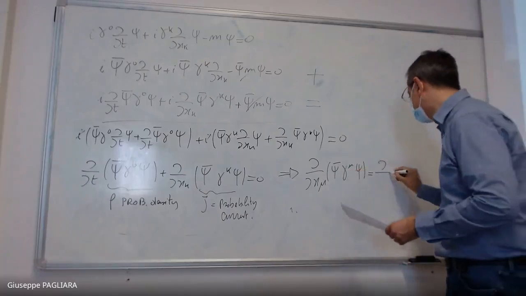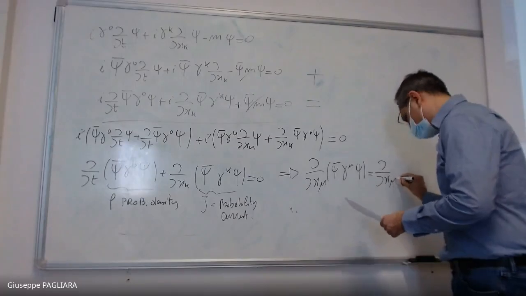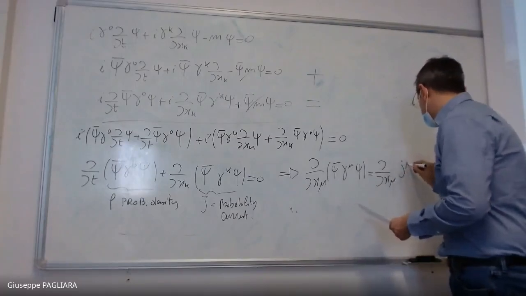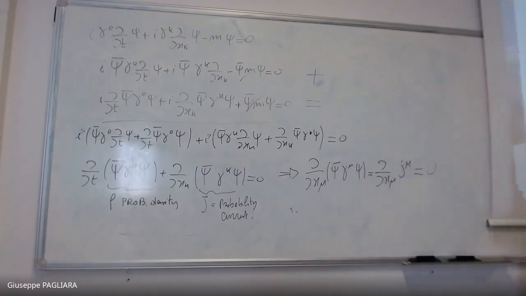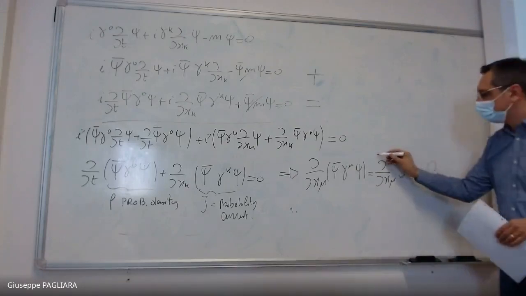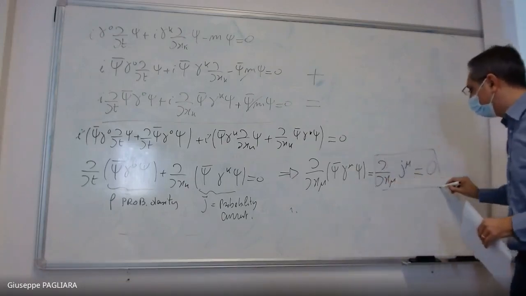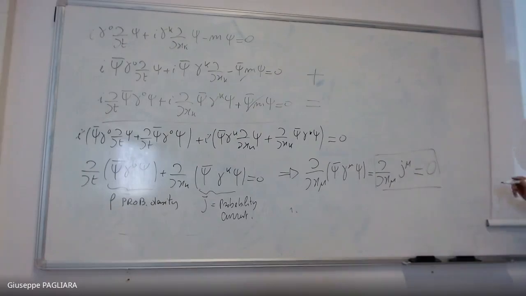So this is ∂_mu J^mu, and it is equal to 0. And when we have a derivative equal to 0, this means that the quantity inside is conserved.